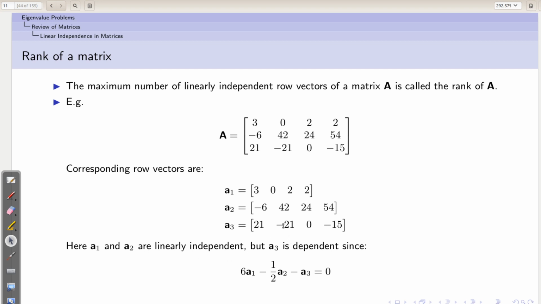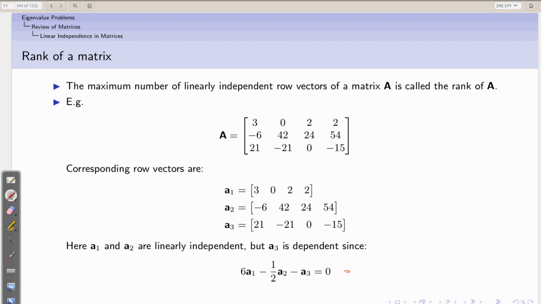a3 is not linearly independent of a1 and a2, because you can verify this for yourself. If I multiply a1 with 6 and a2 with minus half, and then add these two together, then I'll get a3, or 6a1 minus half a2 minus a3 is equal to 0.